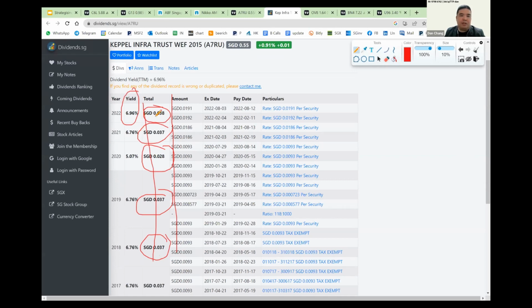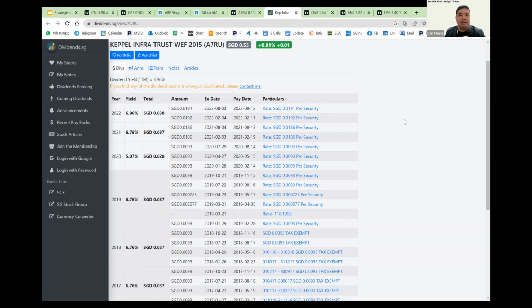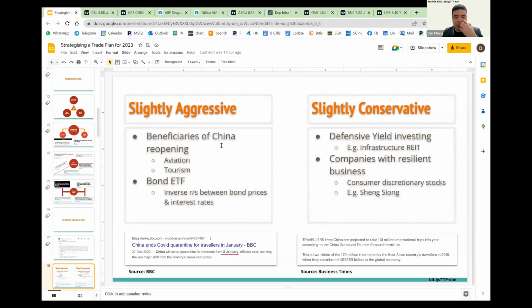This is taken using this amount divided by the price of 55 cents, which is the last closing price today. So based on 55 cents, the yield has always been very good, at least 5%, if not more than that. So this is a very, very stable REIT, of course barring any company specific news. So far, Capital Infrastructure Trust has been quite okay. So that is the thing that we've been putting across.